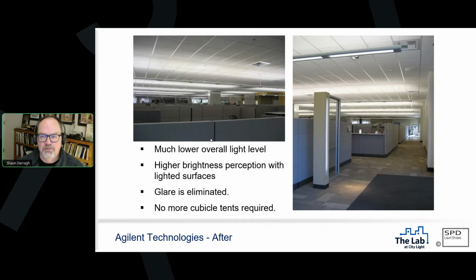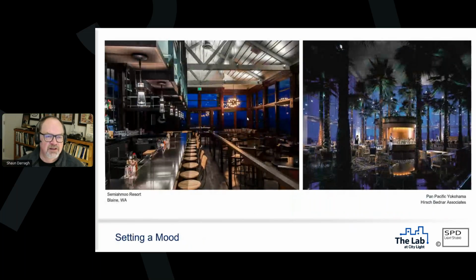Now, some of these photos, apologies, they look a little stripy. In person, it really isn't. This is one of the downsides of early digital photography. The glare is gone, no more cubicle tents, and again, a small fraction of the energy being used, right, within this space. It doesn't have to be places like this.